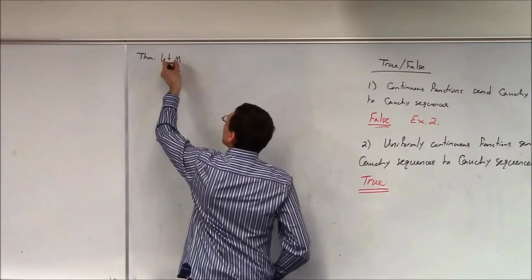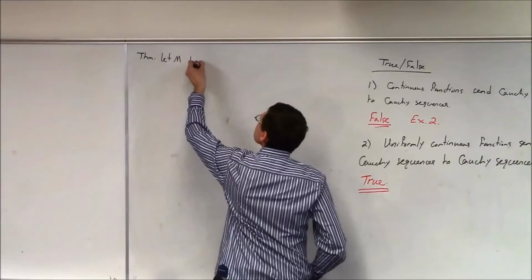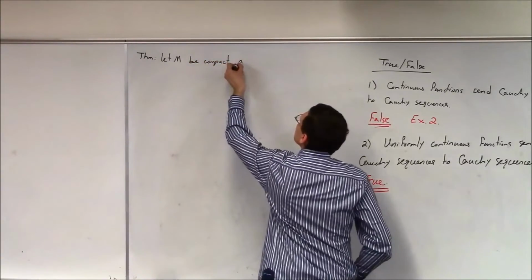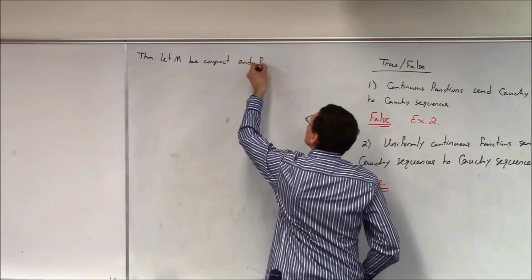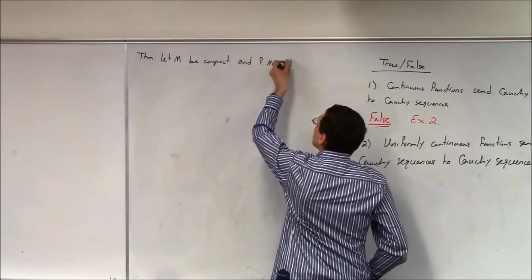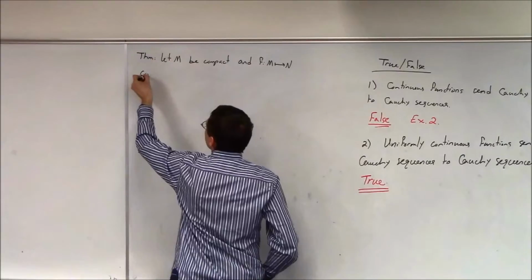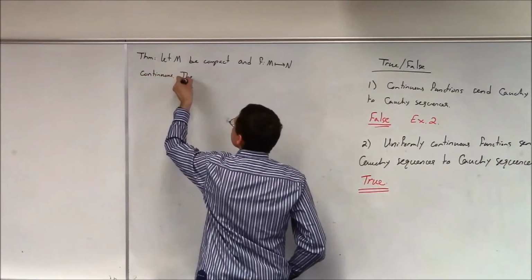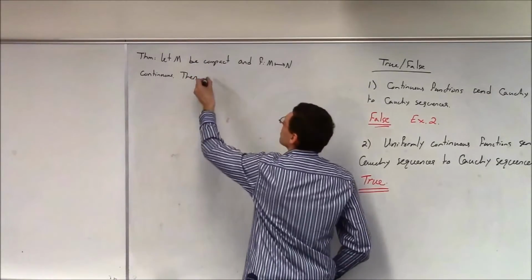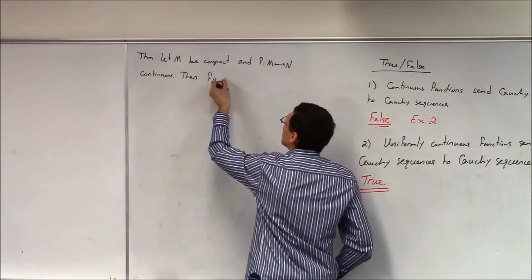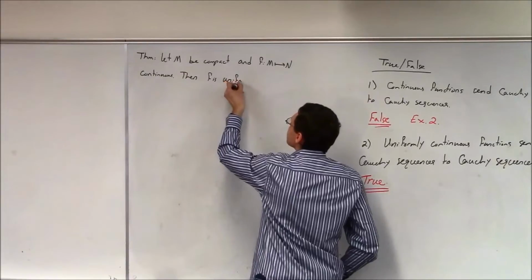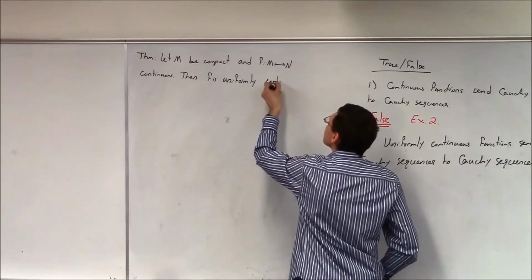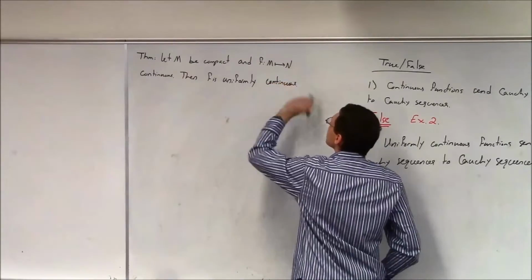Let M be compact, and f from M to N continuous. Then f is uniformly continuous. Proof?